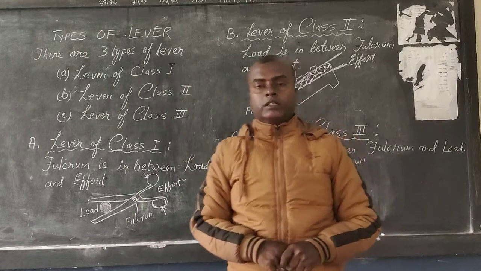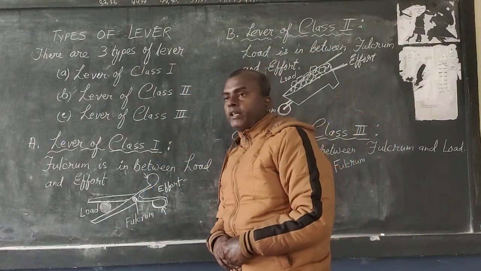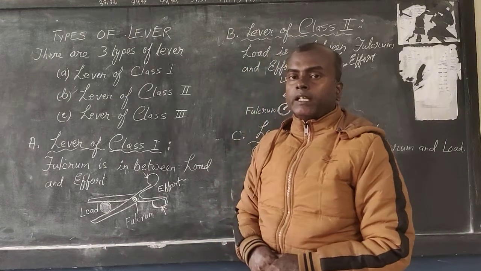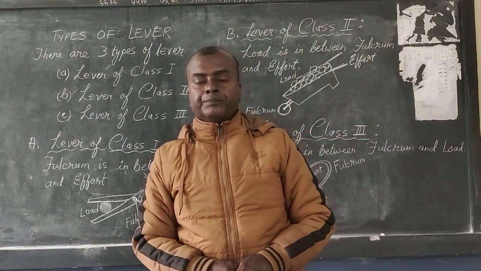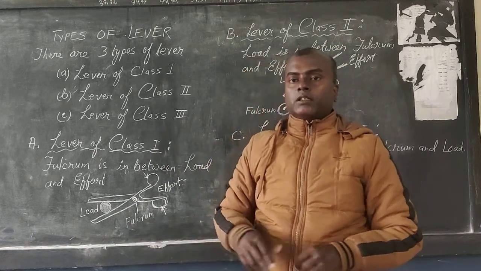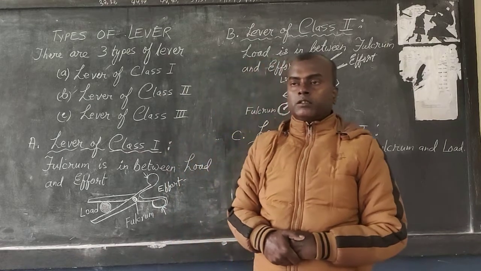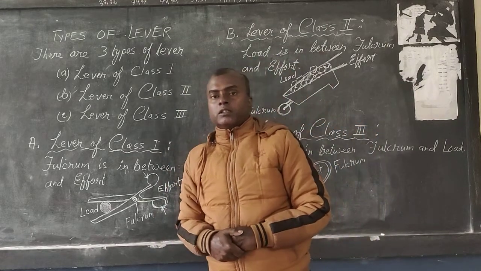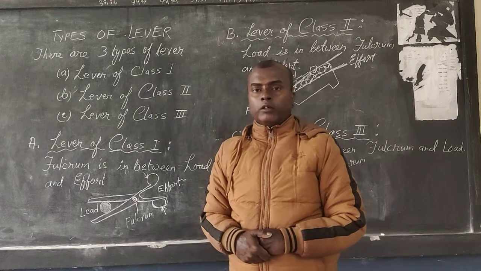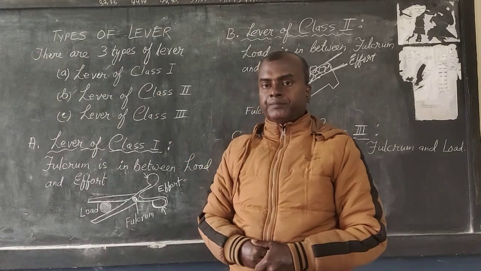Now we have already studied fulcrum, load and effort. Fulcrum is the point where the lever gets support from, the point on which the lever is free to move. Load is the object on which this lever is working upon, and the effort is the force given by us.